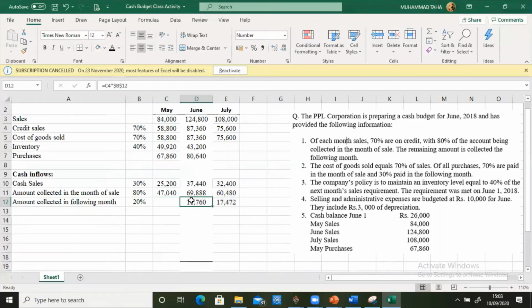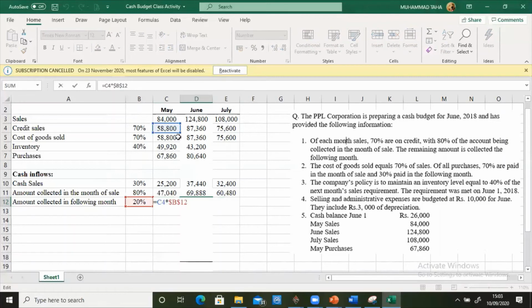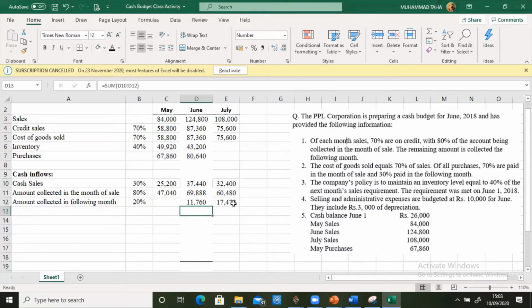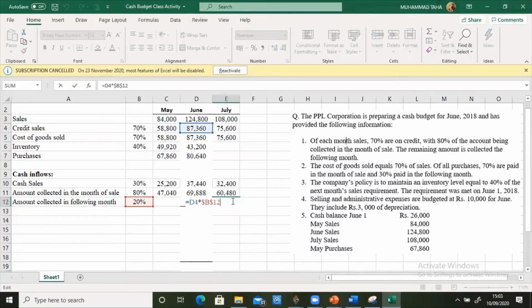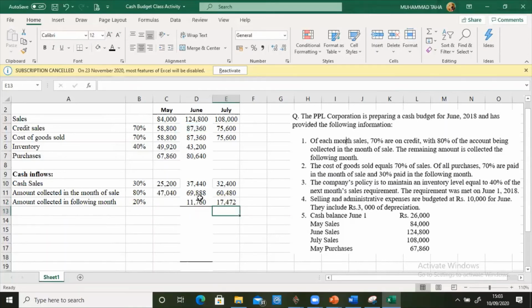In the subsequent month means in the coming month. So the credit sales of May, 20% of this will be collected in June, and similarly, 20% of the June credit sales will be collected in July. With this, we are done with our cash inflows.